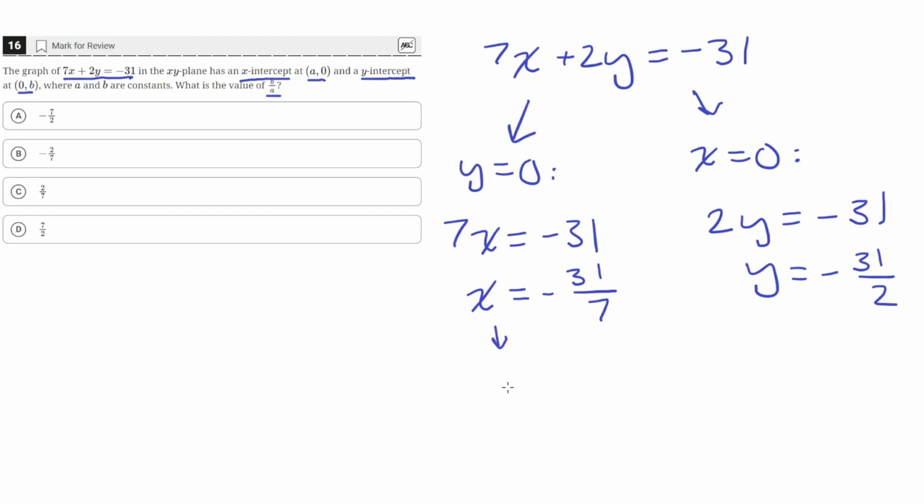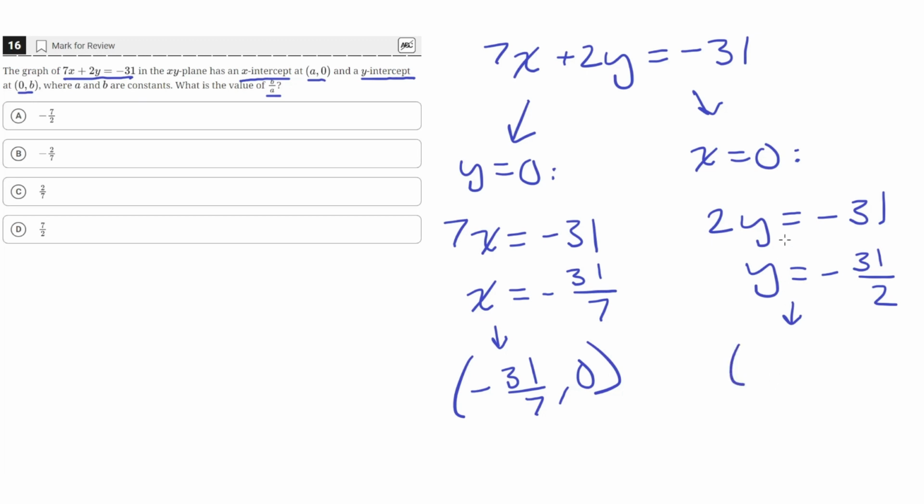So this value we solved for when we're looking at the x-intercept is the value of a, negative 31 over 7, comma 0. Since a comma 0 is the x-intercept, and we found x to equal negative 31 over 7 at the x-intercept.